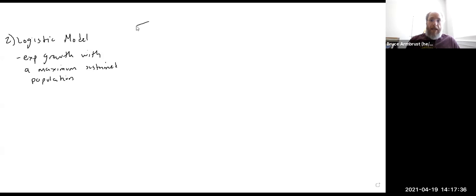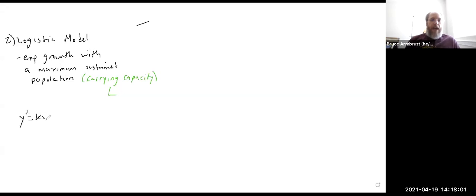So first of all, the name of this maximum sustained population, we call this the carrying capacity. And I'm going to use the letter L. I'm not sure what the book uses, but I'm going to use the letter L. So here's what changes in that differential equation.